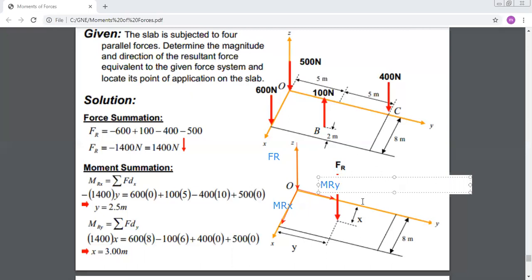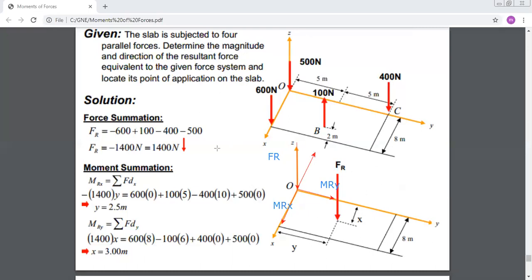So, now, if I look at my system, if you do your calculation, you obtain that M resultant X is negative, so I will put it in the opposite direction. You got M resultant X negative, and you got M resultant Y positive.